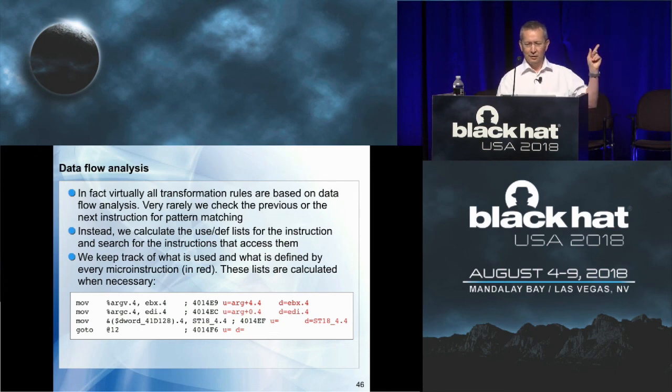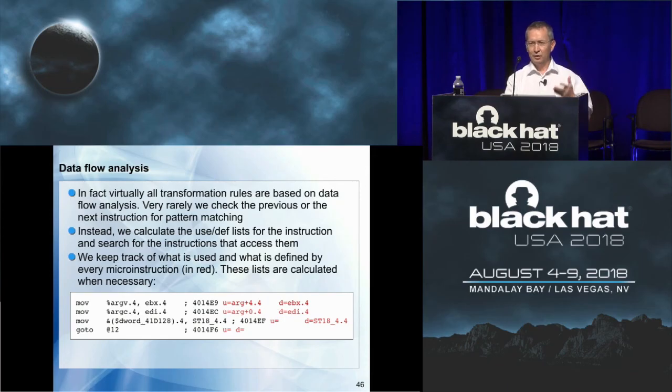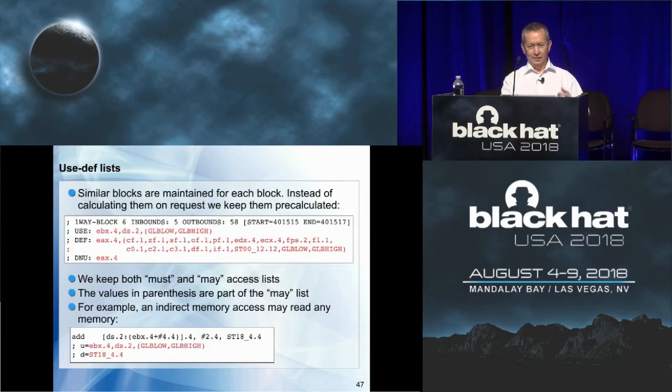You notice that to the right of the instructions we have U and D lists. U means the list of locations used by the instruction, and D means defined by the instruction. These lists are maintained for you by the decompiler engine, and you can use them in your analysis.